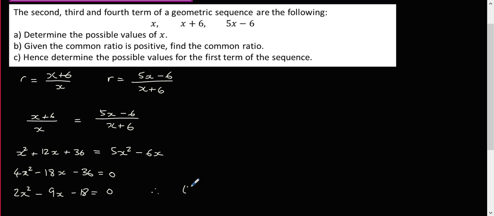So we can factorize that. And what do we get? We get 6 and 3 again. Which one's which? Let's get this the right way around.